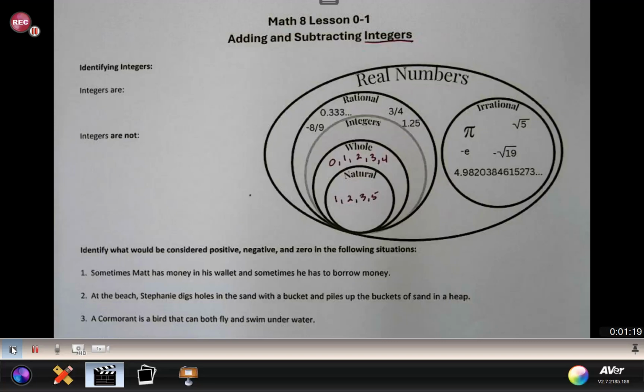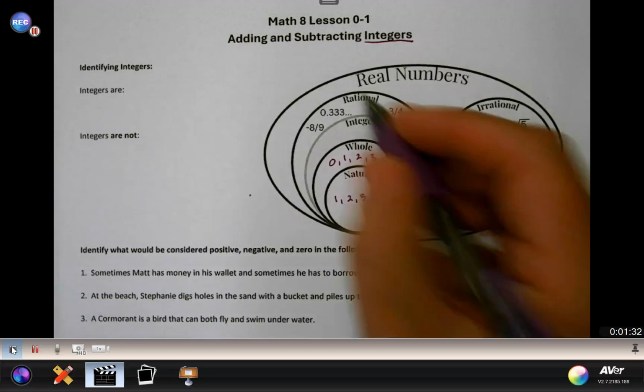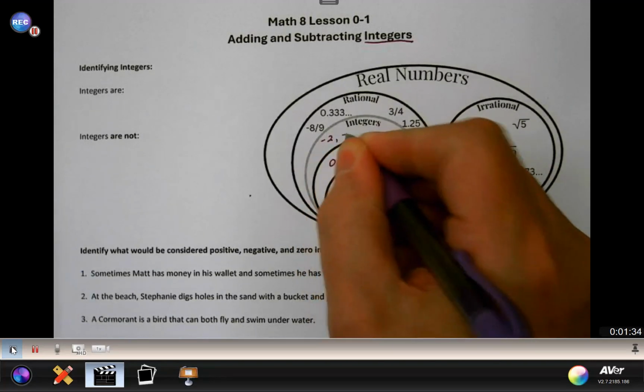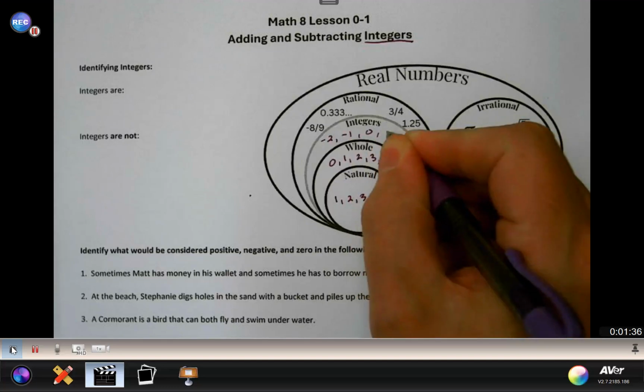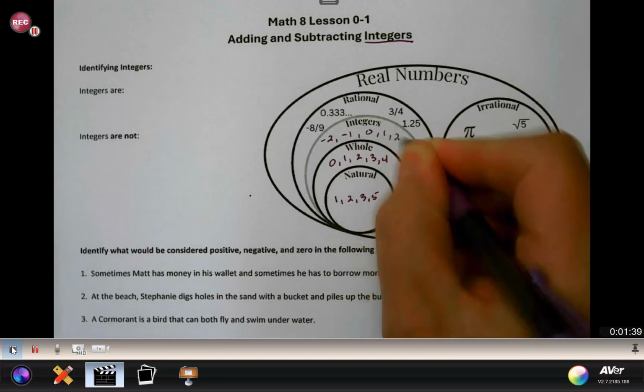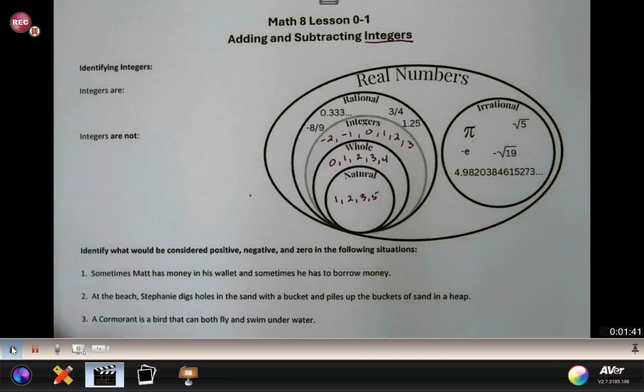We need something called negative numbers to show maybe when we are missing something or when we owe somebody money or something like that. So the integers are basically the whole numbers and their negatives. So we've got -2, -1, 0, 1, 2, 3, and so on and so forth. So that's what the integers are. They are the whole numbers and then all of the negative equivalents of whole numbers.